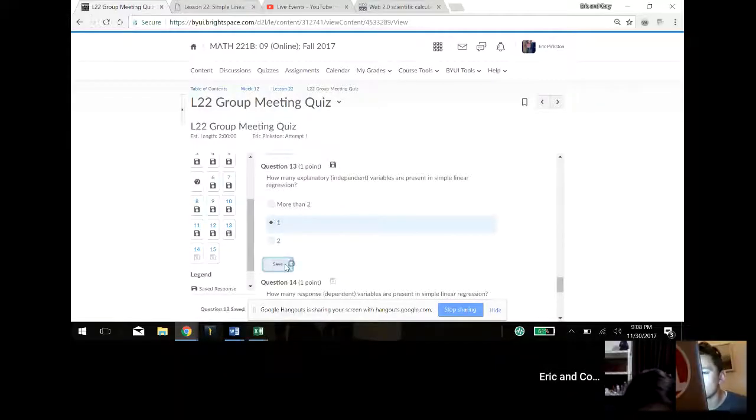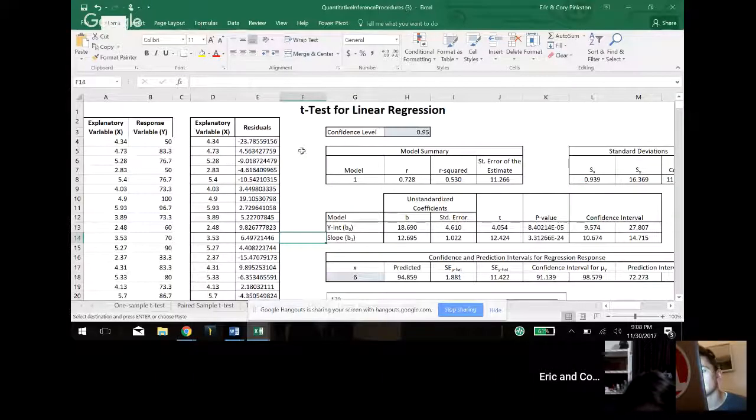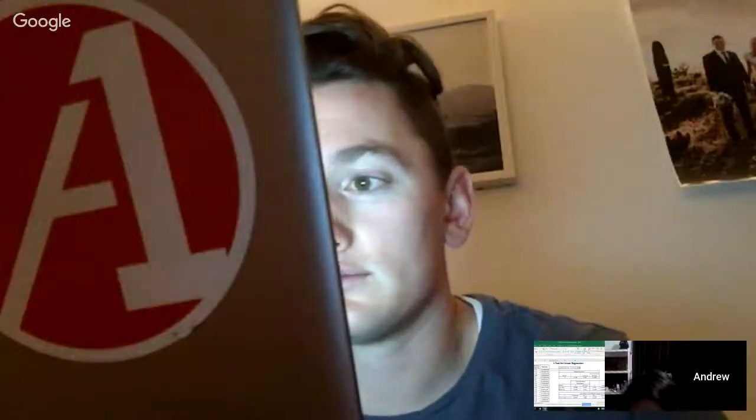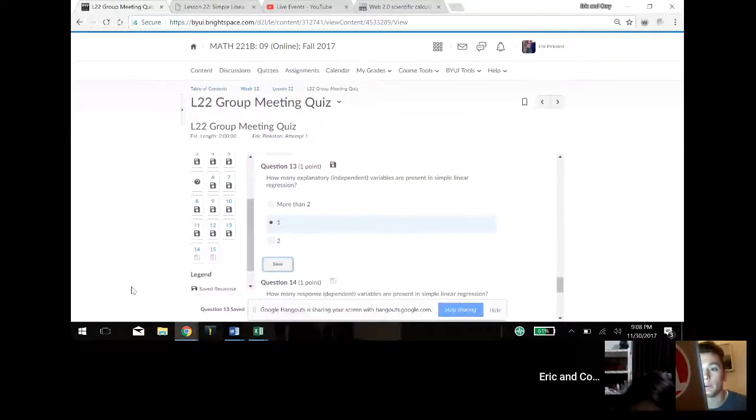X only appears one time in the equation. Is it saying how many different values of x there can be? That would be infinite. It'd be way more than 2. Well, actually, according to this, it can only be between 1 and 6.